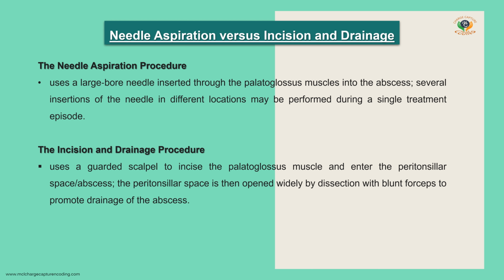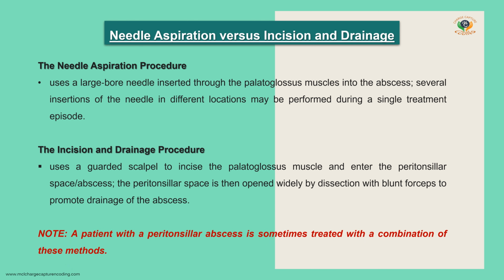The peritonsillar space is then opened widely by dissection with blunt forceps to promote drainage of the abscess. Note that a patient with a peritonsillar abscess is sometimes treated with a combination of these methods.